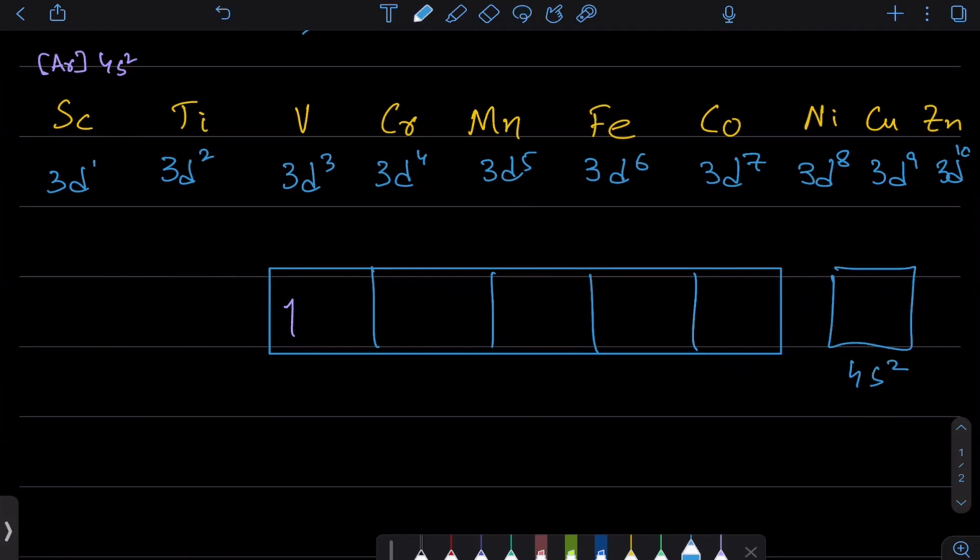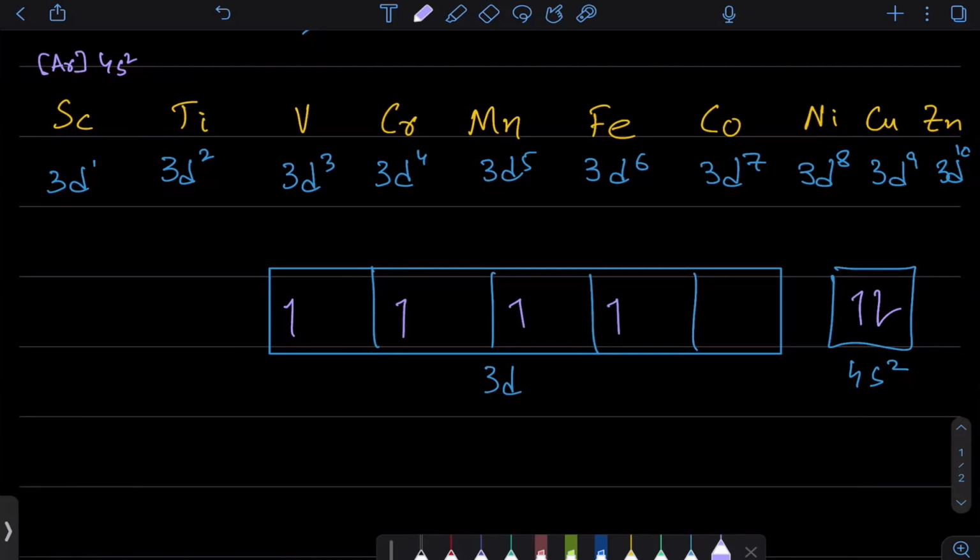So a filled 4s2 has higher energy than 3d. Okay, so I have 2 electrons here. So as I add electrons, this is scandium right now, titanium, vanadium, chromium, and this should work.